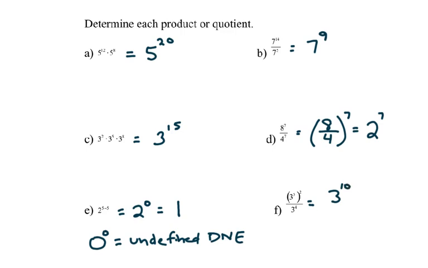Once we do that, the parentheses drop away. And so now we have 3 to the 10th over 3 to the 4th, and we can use the quotient rule. The quotient rule says that as long as we have the same base, we can subtract those exponents. 3 to the 10th over 3 to the 4th is 3 to the 10th minus 4, and that is going to be 3 to the 6th power.